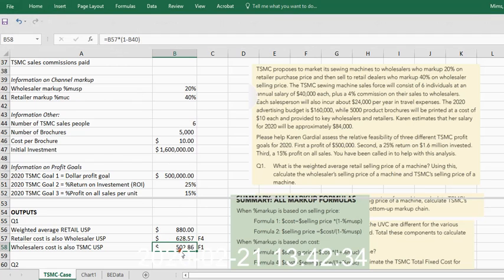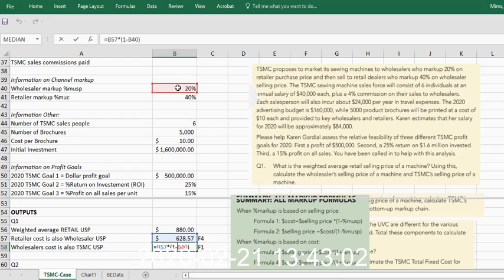We're going to use Formula 1. Why? Because here again, we're calculating the wholesaler's cost. We have the wholesaler's selling price. Therefore, we're going to use Formula 1 to calculate the cost, which is using the wholesaler's selling price and multiplying it times 1 minus the markup on sales price by the wholesaler.